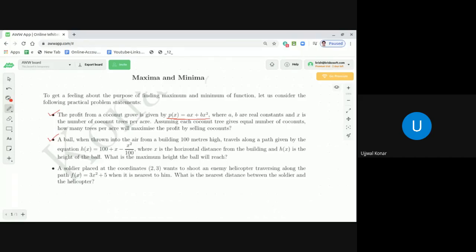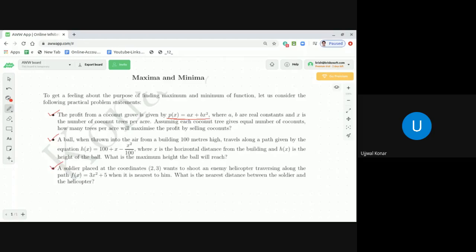Let's take the third example. A soldier is placed at the coordinates (2, 3). That means if you have the Cartesian coordinate system of a battlefield, then a soldier is at the point (2, 3). That soldier wants to shoot an enemy helicopter traversing along the path f(x) equal to 3x square plus 5, when it is nearest to him, so that there is no chance of missing the target.